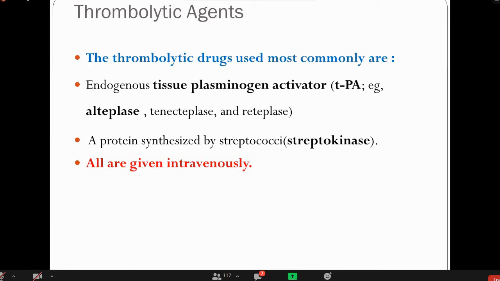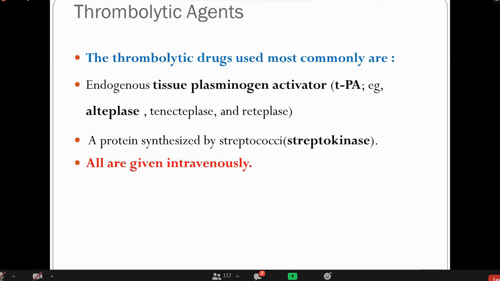Now, thrombolytic agents. Okay, the clot has been formed. One way to prevent the formation of a clot is by giving anticoagulants or antiplatelet drugs. But if the clot has already formed, it will disturb the normal blood flow, because in the brain it will cause ischemia, in the heart it will cause angina, with chances of myocardial infarction.